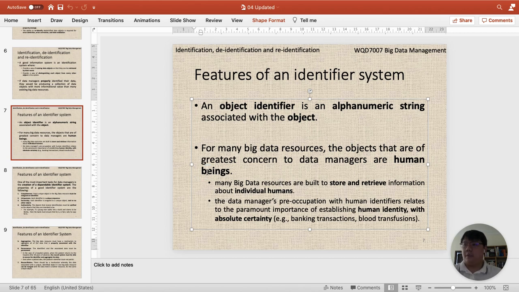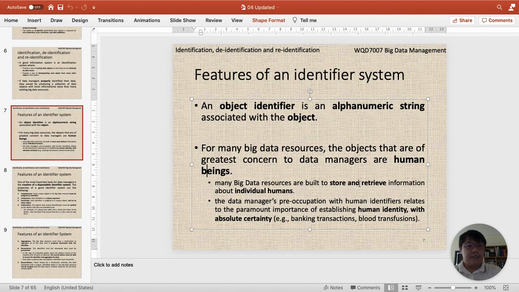Like, for example, hospital systems: the main things are patients, doctors, nurses, and so on. And library systems: patrons and also librarians are important elements inside your system as well. So most of the time, in the big data resources or systems that we are building, the main people are the human beings involved in that particular system.